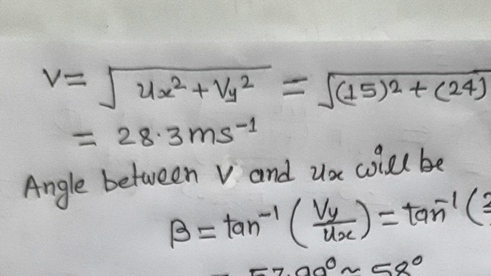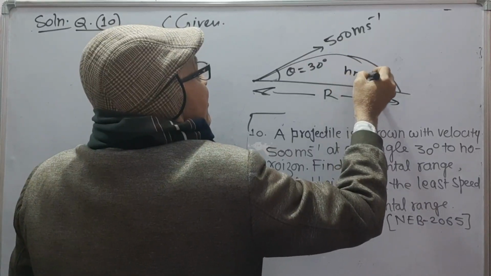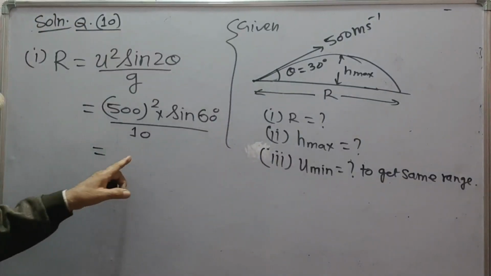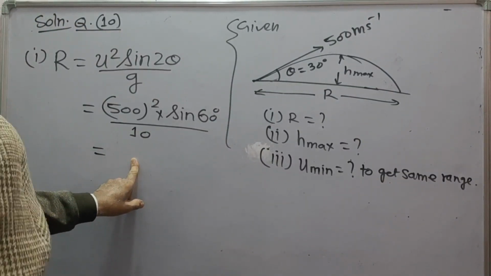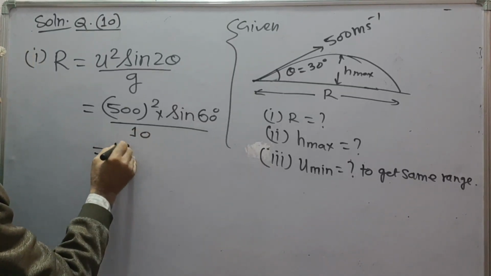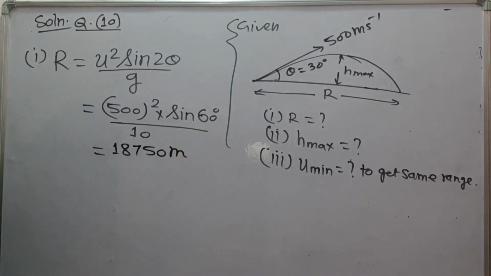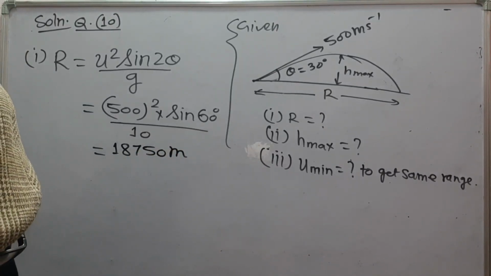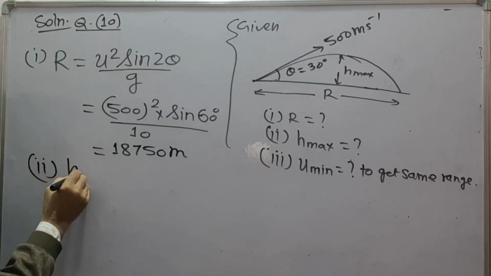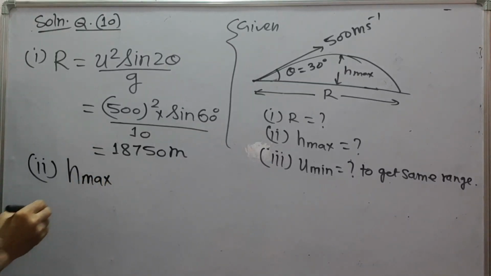What is range? We have to find H maximum, which is equal to 18,750 meters. Next, horizontal range. Next we find the maximum vertical height.